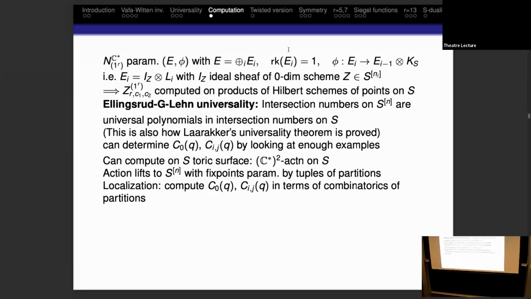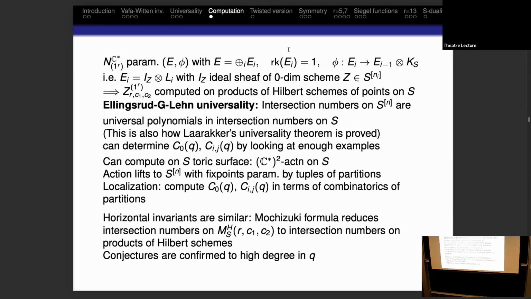And then we have the Bott residue formula, or the Atiyah-Bott localization, which tells us that one can compute things in terms of local data near the fixed points. And it turns out that this can be expressed in terms of the combinatorics of the partitions. So we can just do all this. One can either be smart and understand what this formula is, or one can be stupid like we, and just put this all in the computer, and it will compute to many coefficients. The horizontal invariants are similar.